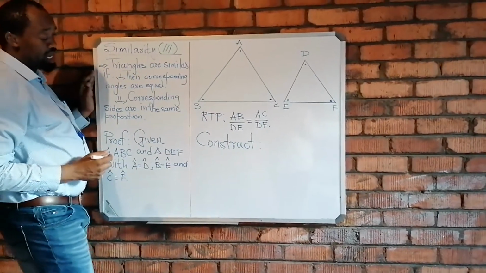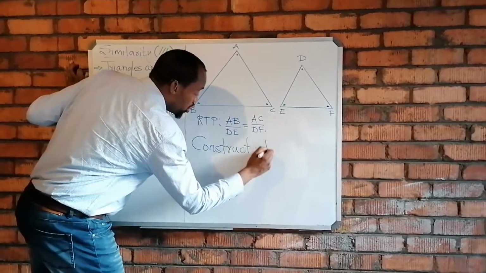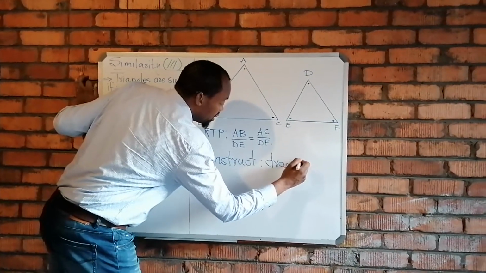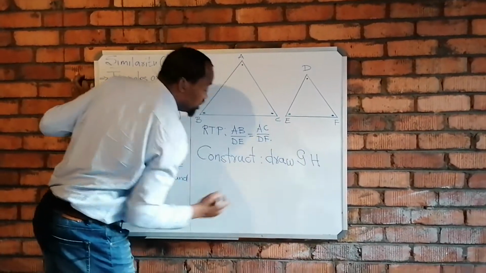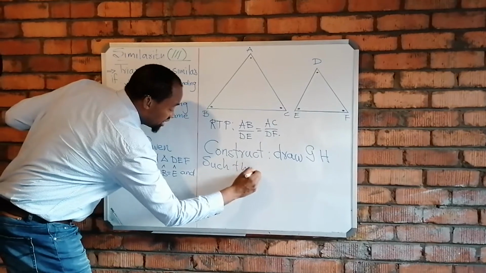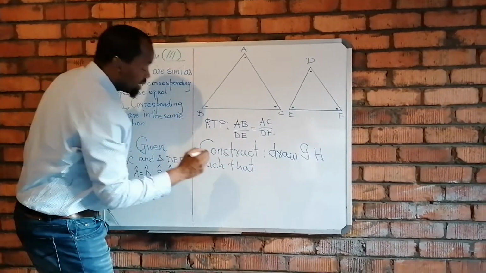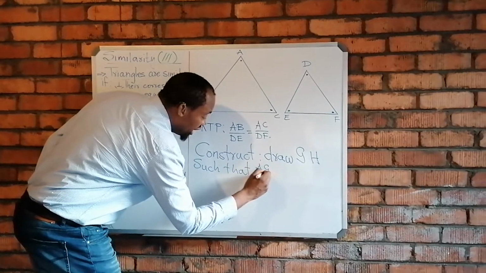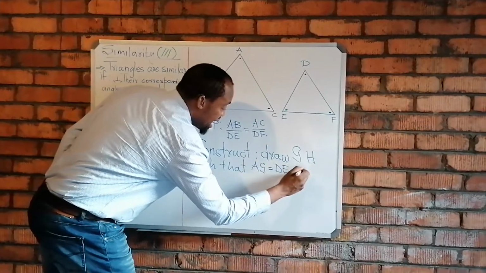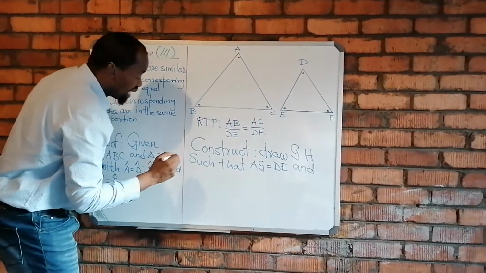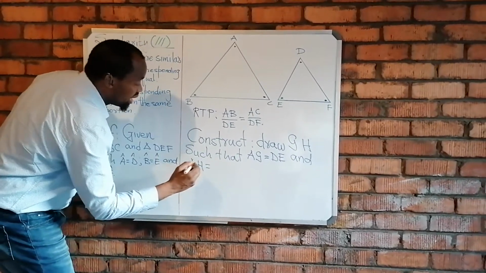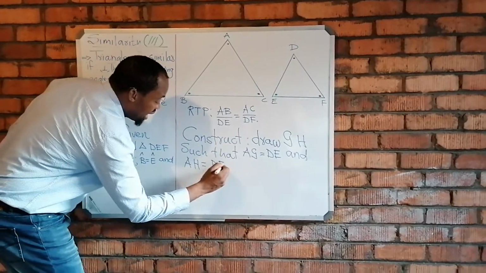My construction, I'm going to draw line GH, such that, this is very important, such that AG is exactly the same as DE, and such that AH is exactly the same as DF.